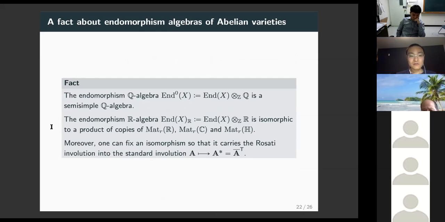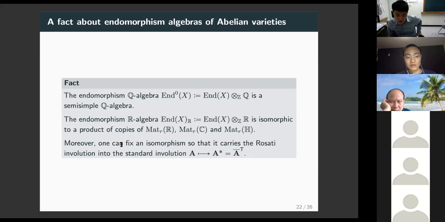Okay. Now here is a fact about the endomorphism Q-algebra. As I mentioned a little bit before, this endomorphism Q-algebra is a semisimple Q-algebra. So it is isomorphic to a product of copies of matrix algebras with either R coefficients, C coefficients, or quaternion coefficients.